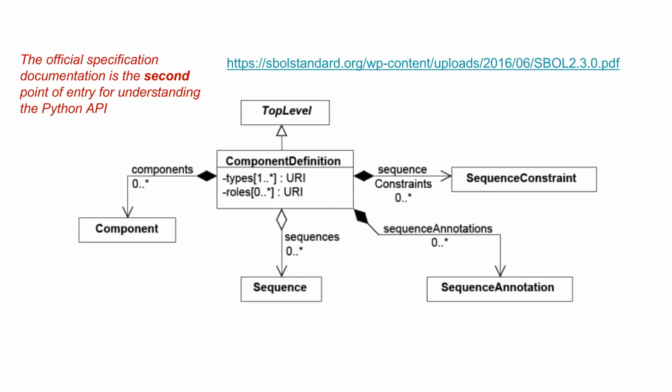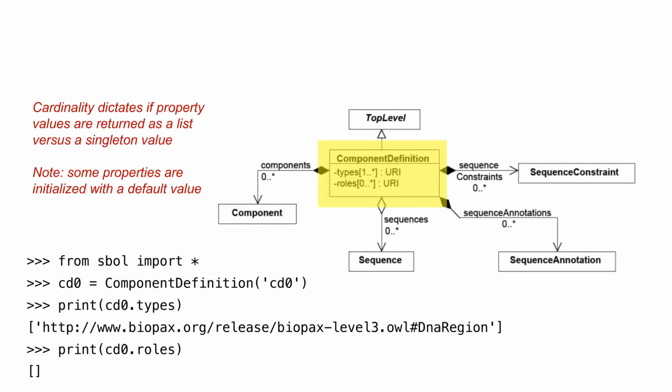Okay, so I showed you the spec document a minute ago. So I'll just go through this component definition example and explain at a high level how you read these UML diagrams. This box defines the component definition class and all of its related attributes.